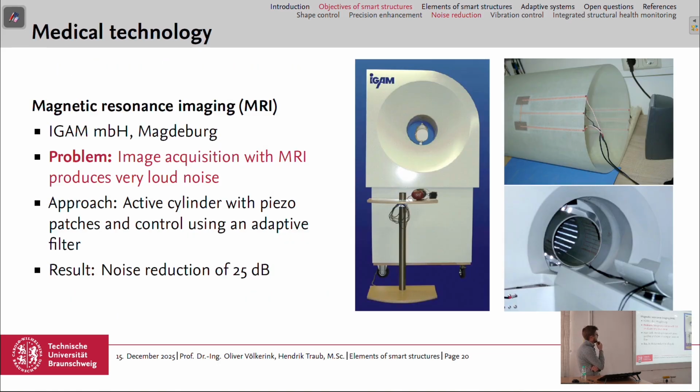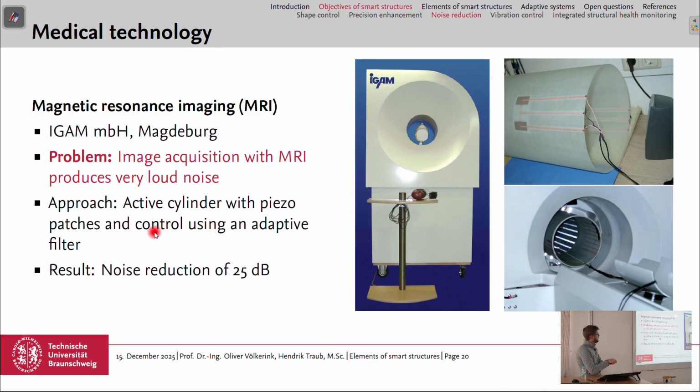Also noise reduction. I don't know if somebody has already been in a magnetic resonance imaging machine. I have not been, but I heard that it's very loud inside, especially when your head is inside.